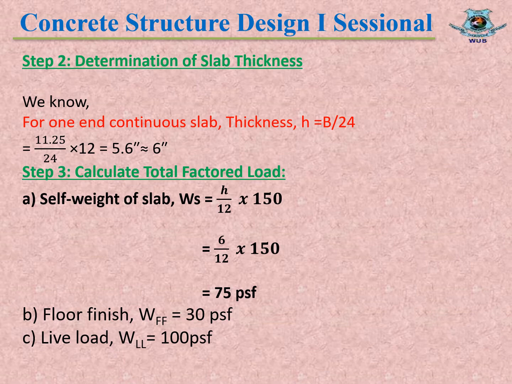Step 3. Calculate total factored load. Now, self weight of slab Ws equal to h by 12 into 150. Here, h is equal to slab thickness equal to 6 inch. 150 equal to unit weight of concrete. 12 is to convert h into feet.